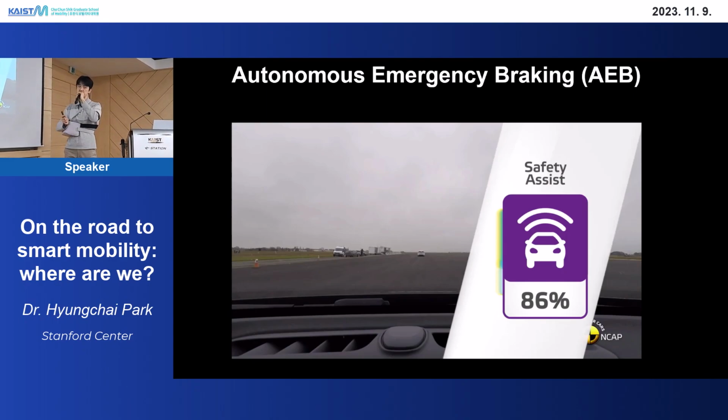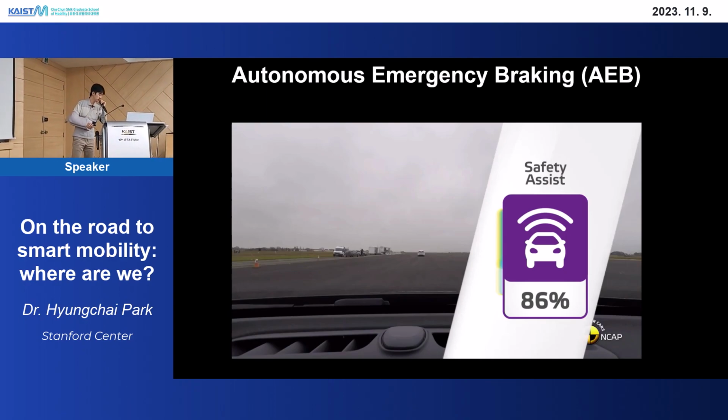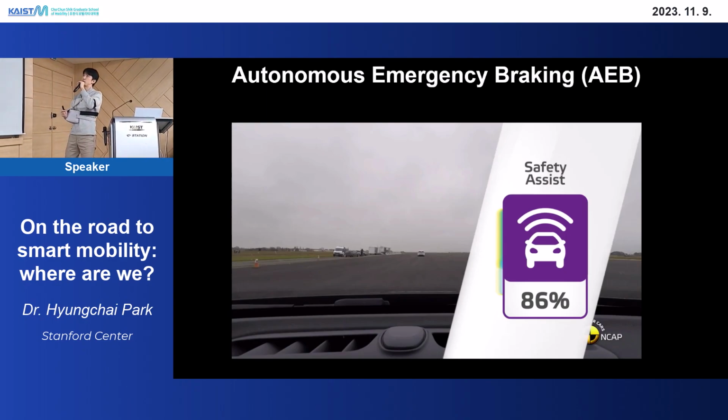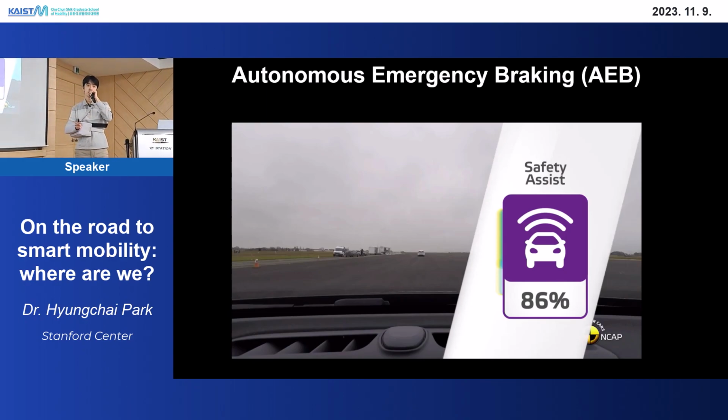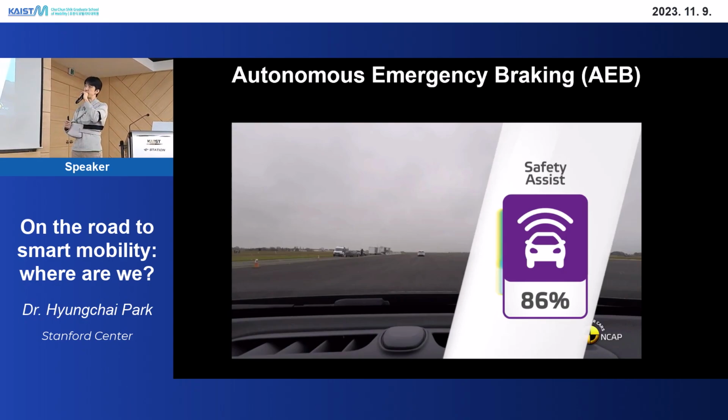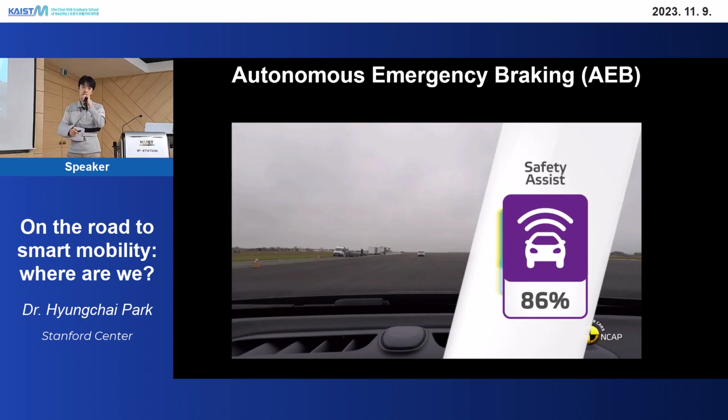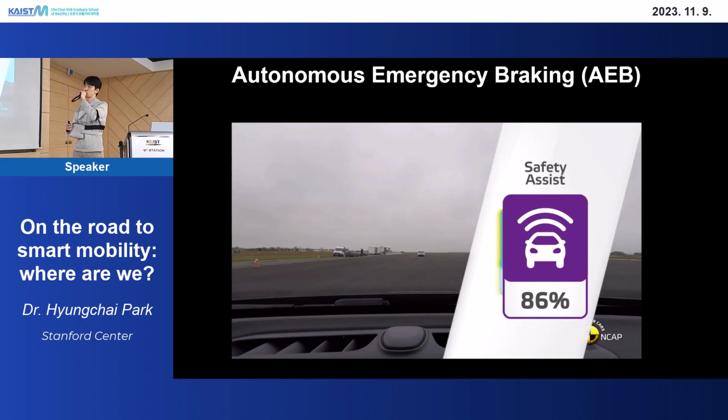That test protocol wants to see how quickly the AEB can catch up to those moving bicyclists. So when you think about AEB again, this system makes a decision by itself and takes some actions by itself, which probably reminds you of autonomous driving.